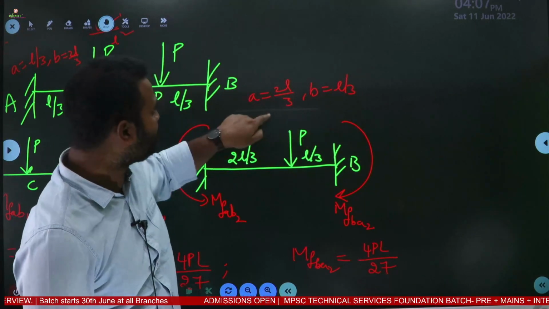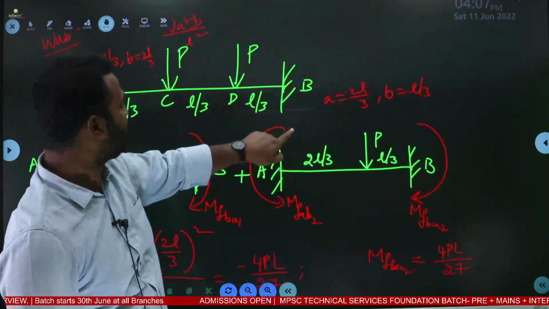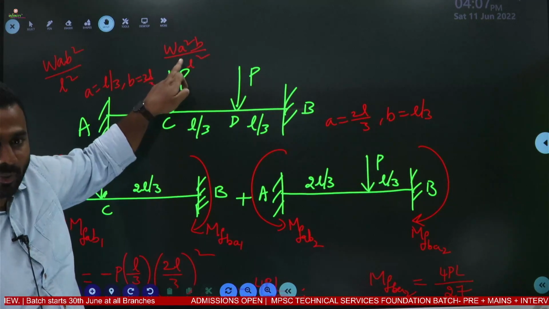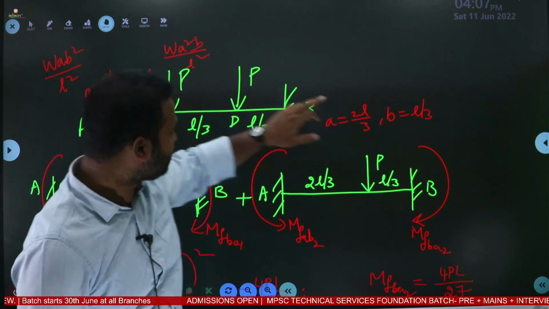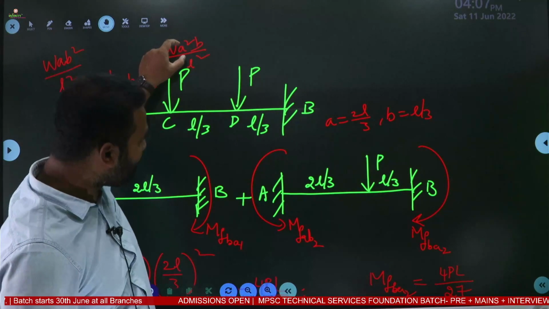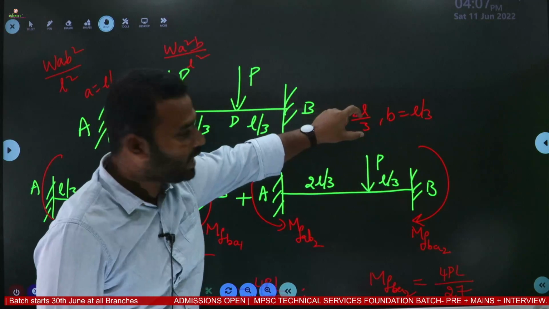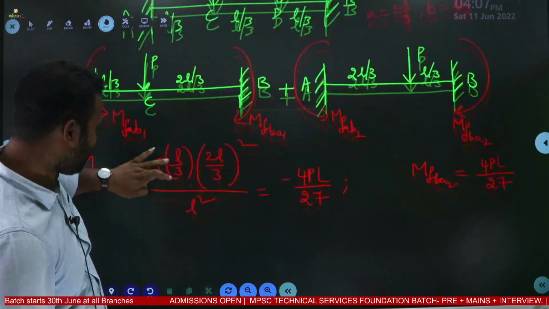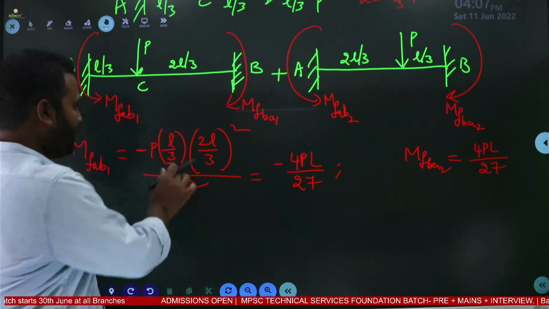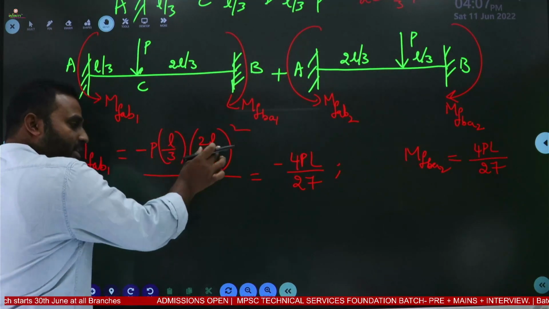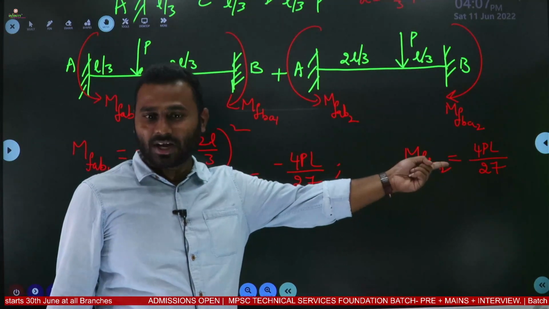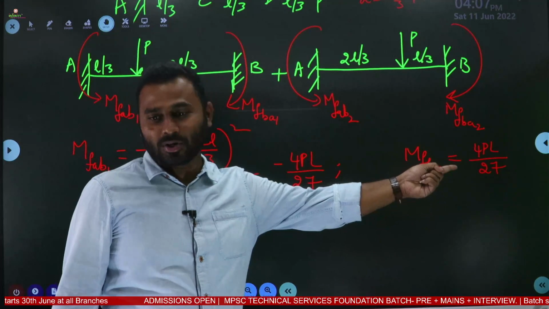Now what is the formula for this? Here I will write, listen. W A square B upon L square. Now here A is 2L by 3 and B is L by 3. So in that case, this is B and this is A. Therefore, from the symmetry and from that simple logic we can write it as 4PL upon 27.